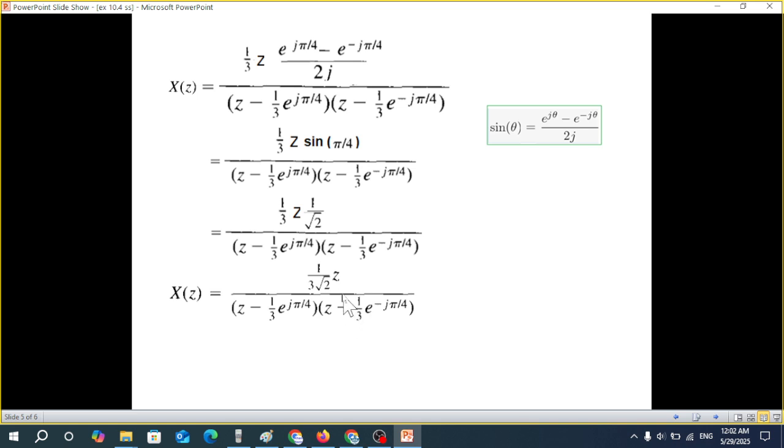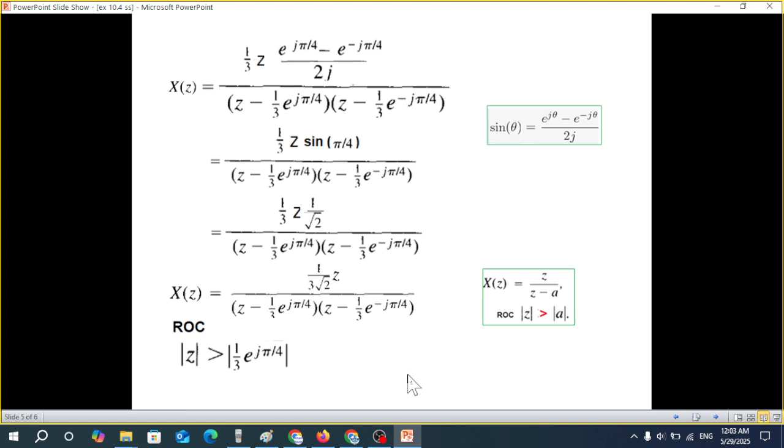And now this is the proper form. We have a zero here and two poles in the denominator. To plot, we'll plot the poles and then also the ROC. The ROC will be magnitude of z greater than the magnitude of this term.